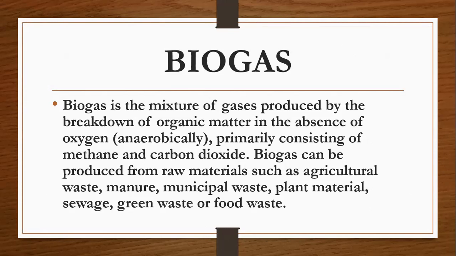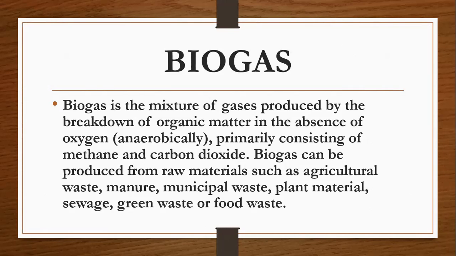Besides this methane gas, we are getting carbon dioxide, and this biogas can be produced from raw materials such as agricultural waste, such as manure, and municipal waste, like the waste we send outside from the houses, schools, hospitals and factories. This waste is safe, without too many germs, but it must have some organic matter.